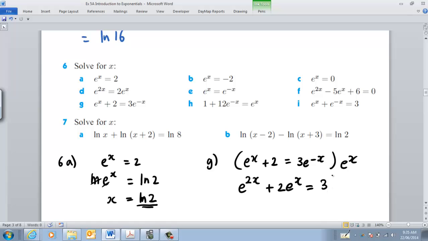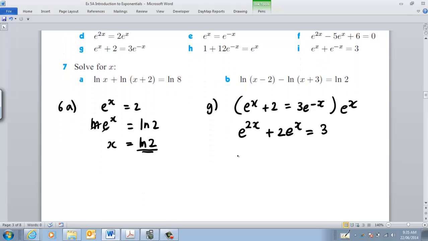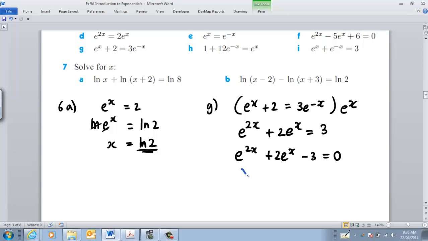Alright, so we will look at that in class maybe, if you're not quite sure of that. Now I want to rearrange that if I can. e to the 2x plus 2e to the x, take 3 equals 0. Now, what I want you to think of this as, I want you to think of this being a little bit like x squared plus 2x take 3 equals 0.